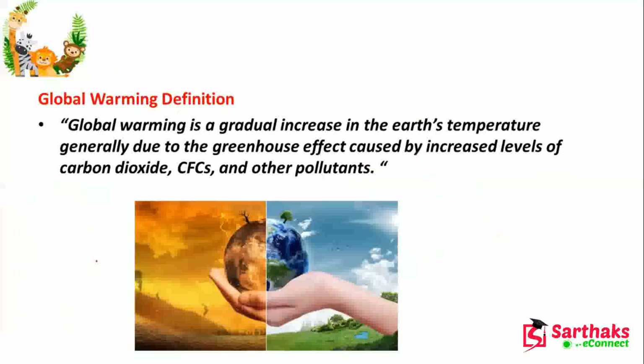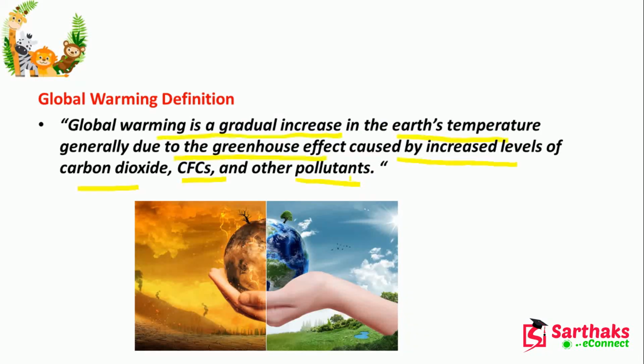Okay, next. So the global warming definition: global warming is a gradual increase in the Earth's temperature, generally due to the greenhouse effect caused by increased levels of carbon dioxide, CFCs, and other pollutants.